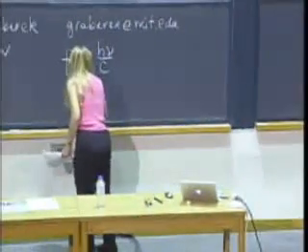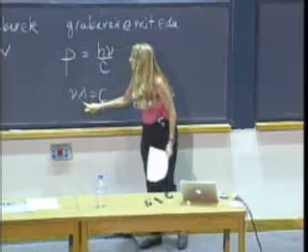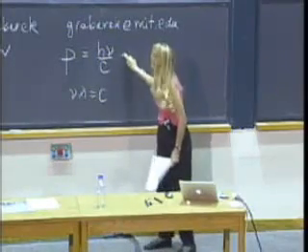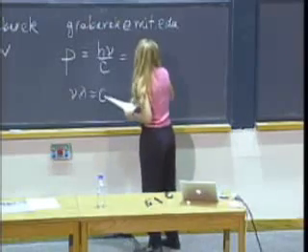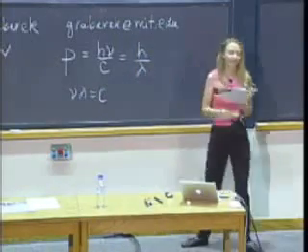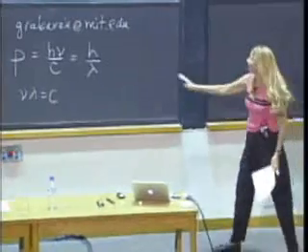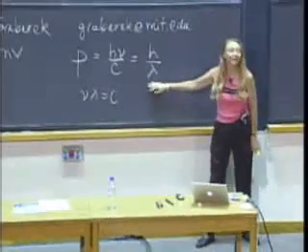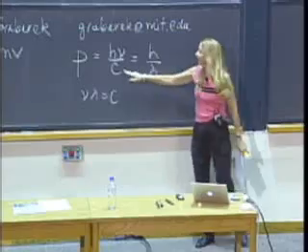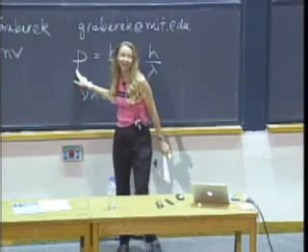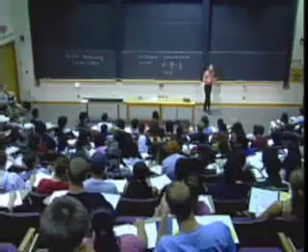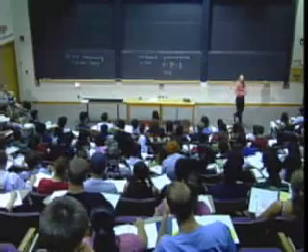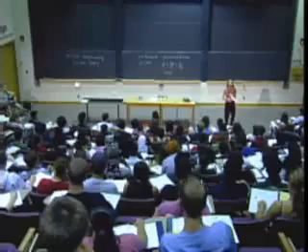And since, of course, we know the relationship between the frequency and the wavelength, we can write the momentum of a photon as h over lambda. All right? So if you have radiation of some wavelength lambda, those photons have this momentum h over lambda, even though photons don't have mass.